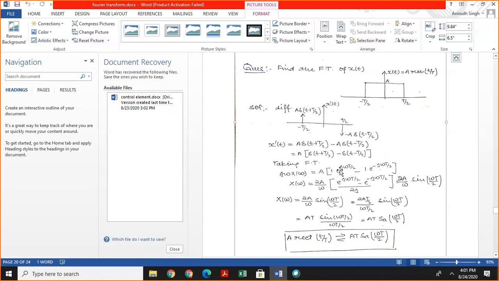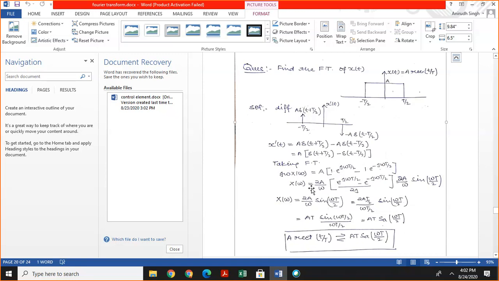Due to this shifting, this term appears: exponential j omega T by 2. Similarly, this is the minus sign, and the Fourier transform of delta t is 1, and this is shifting. For shifting, we get exponential minus j omega T by 2.